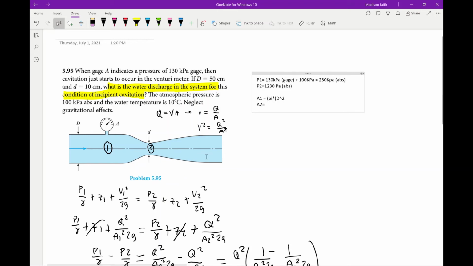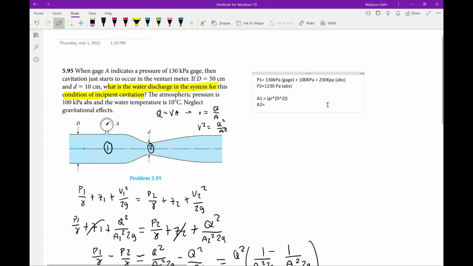Now let's look at the cross-sectional areas. We know the cross-sectional area for a tube is that of a circle, and we know the equation for a circle is pi diameter squared over 4. So let's look at point 1 first. We know that the area for point 1 is pi times capital D squared over 4.